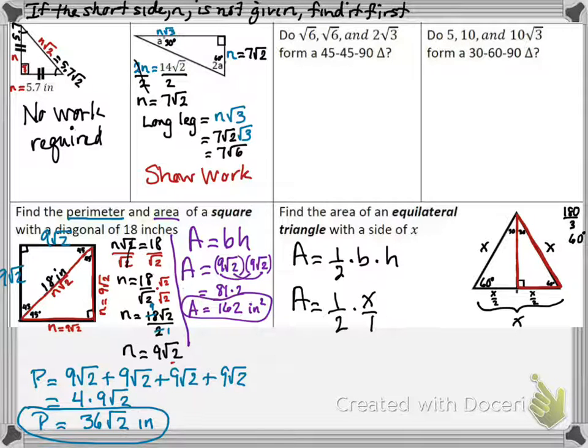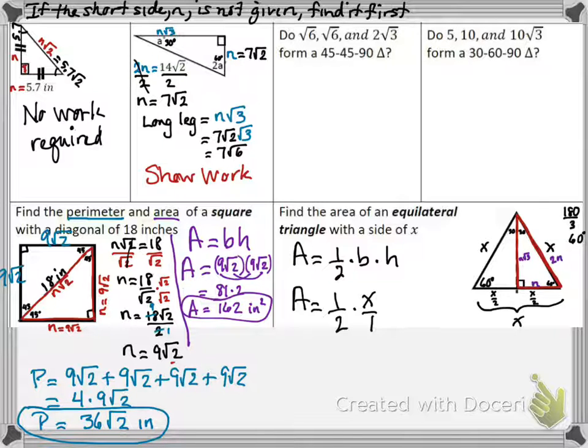I'm going to look at half of this equilateral triangle. So I have a nice 30, 60, 90 triangle. If I'm looking at a 30, 60, 90 triangle, I get to call this short leg n, and the hypotenuse 2n, and the long leg opposite from 60 becomes my n root 3. So in this case, what I really need to know is not the hypotenuse, because I already know the hypotenuse is x, that doesn't help me any.